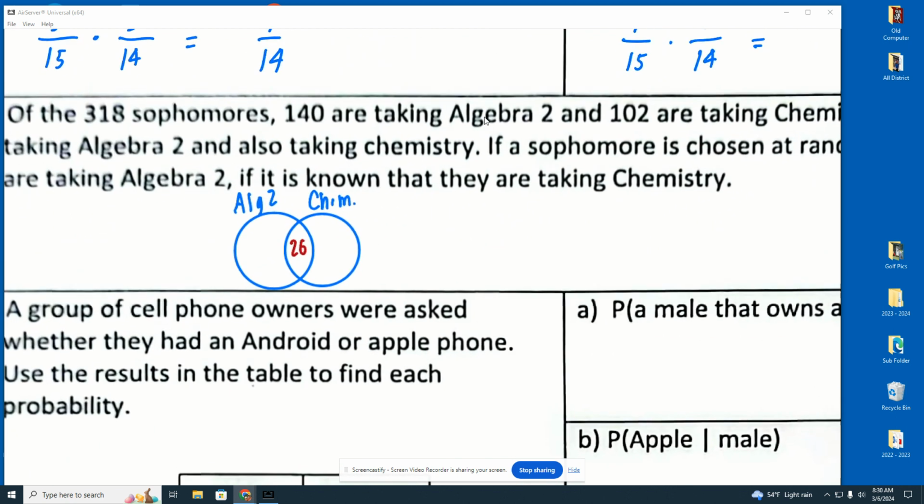And then I'm going to do a little bit of math. If 140 took Algebra 2, but 26 also of that 140 took Chemistry, then 140 minus 26, or 114, took Algebra 2 only. 102 took Chemistry, but of that, 26 also took Algebra 2, so only 76 took Chemistry only.